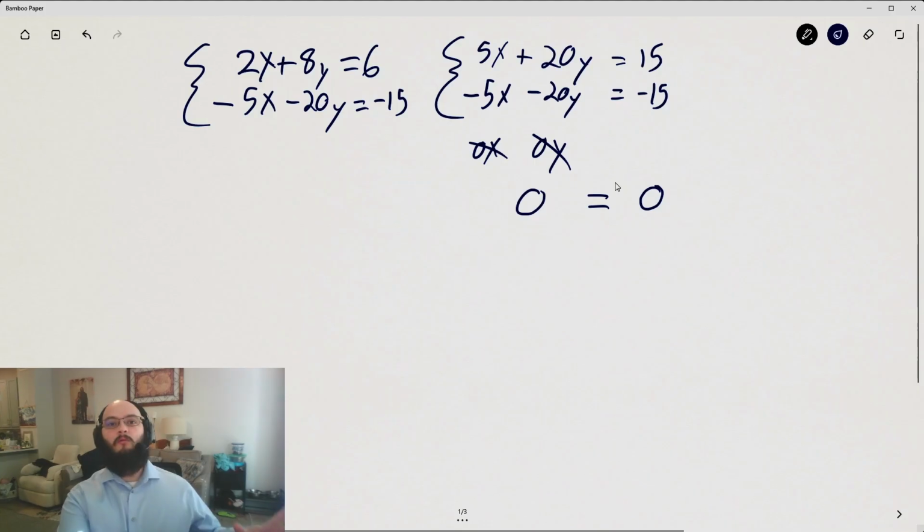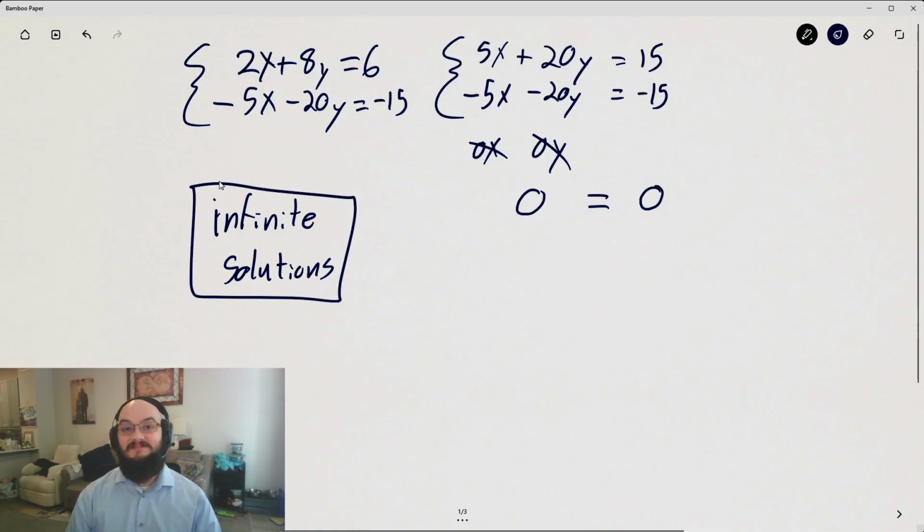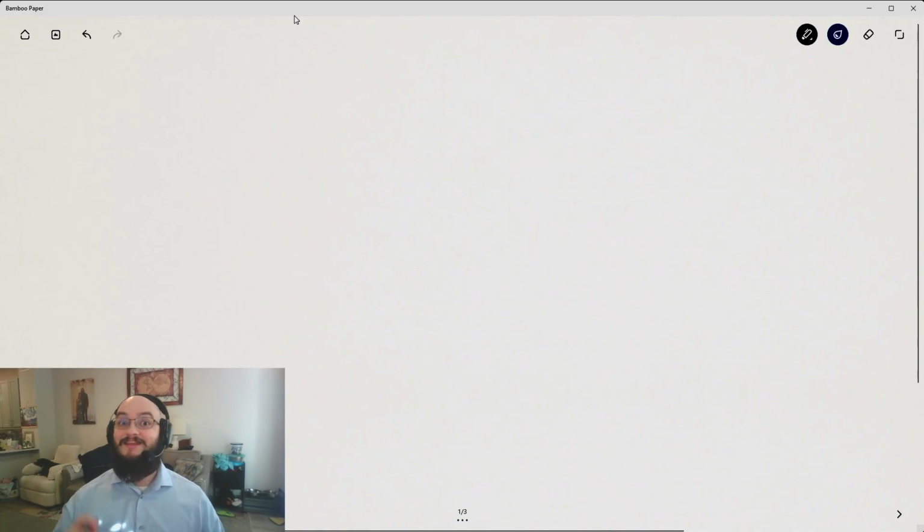X could be whatever we want it to be, y could be whatever we want it to be, and the system would still remain true. So we have infinite solutions for this system. Let's take a look at the other special case that you can run into.